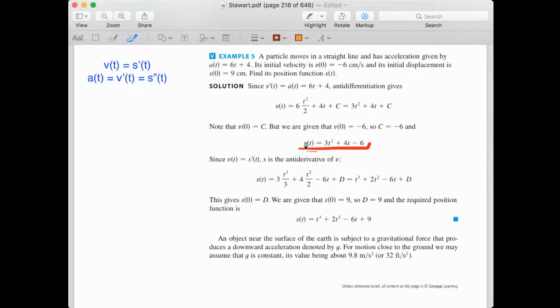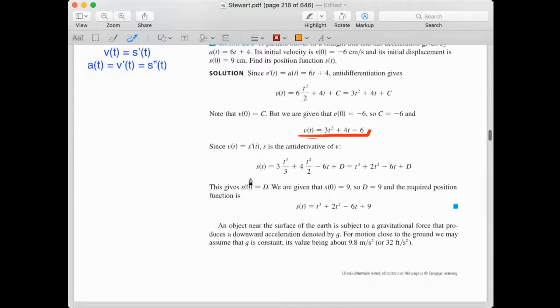Now v, the velocity function, is the derivative of the displacement. So let's take the antiderivative of v of t to get s of t. We still apply the power rule. Add 1 to 2, we get t cubed divided by 3. Add 1 to 1, we get t squared divided by 2.